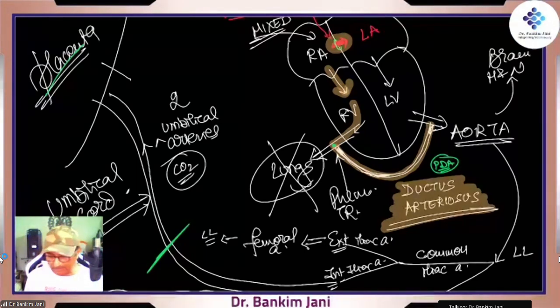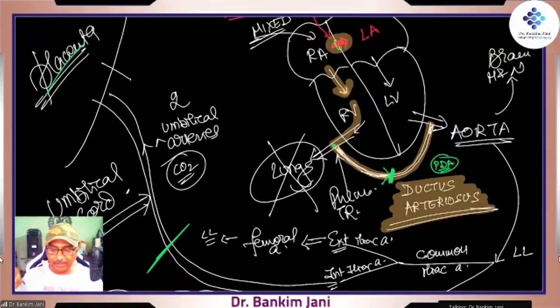The ductus arteriosus is transferring the blood from the pulmonary trunk to the aorta, right? There is no heart chamber coming in. The aorta comes out of the left ventricle. After birth there is no need, so this thing gets closed. The right heart is the right side, the left heart is the left side, and there is no mixing of blood.